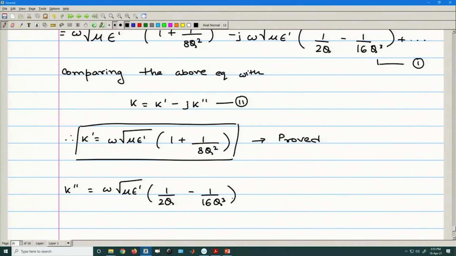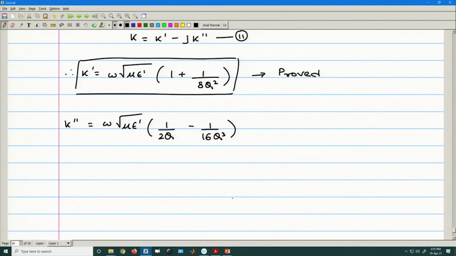From this we can take 2q common outside the braces, so it will be omega root under mu epsilon prime upon 2q, and inside the braces we will have 1 minus 1 upon 8q square.